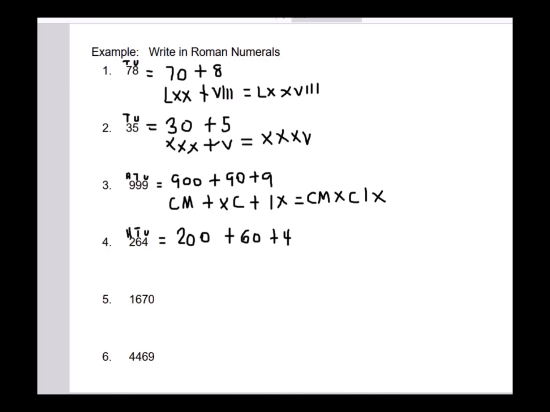So 200 in Roman numeral is CC, then 60, that's LX, then plus 4, which is IV. So together, that is going to give me CCLXIV.